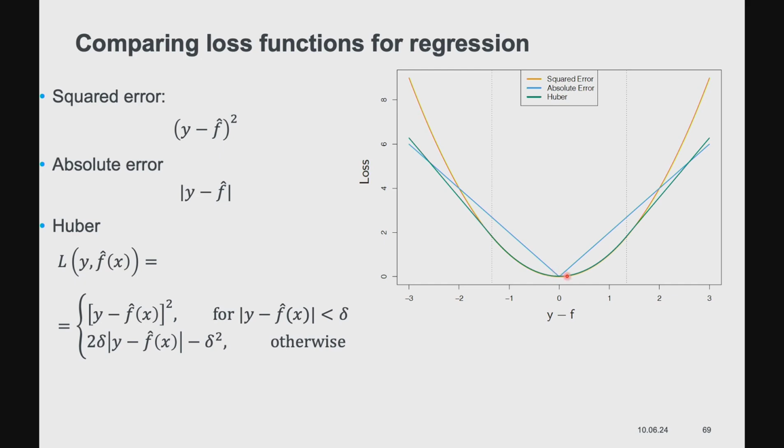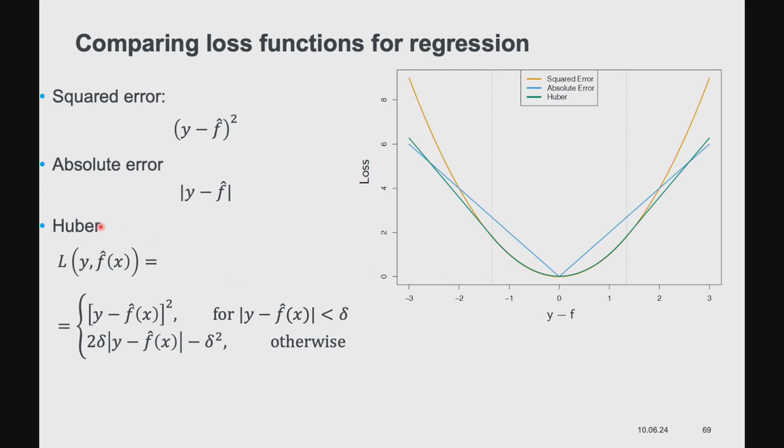So when I make small mistakes, the squared error loss hardly punishes this. When I make large mistakes, the squared error punishes this strongly. The absolute error does not punish the larger errors so strongly. Now, whether this is good or bad depends a bit on the data set. How many outliers do I have?